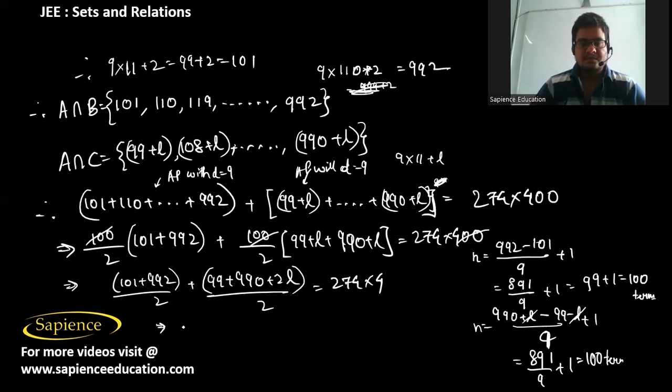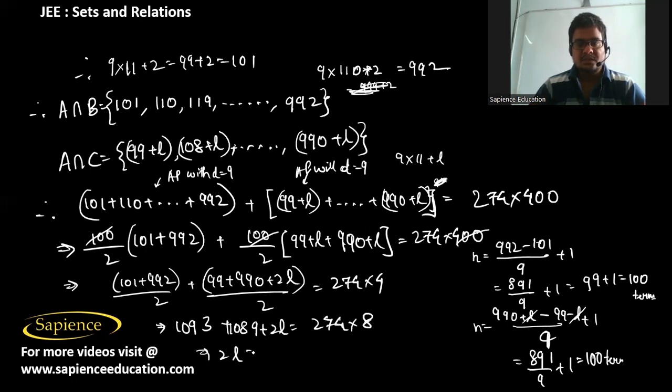So this will be 1093 by 2 plus 1089 plus 2L, that is equal to 274 into 8.